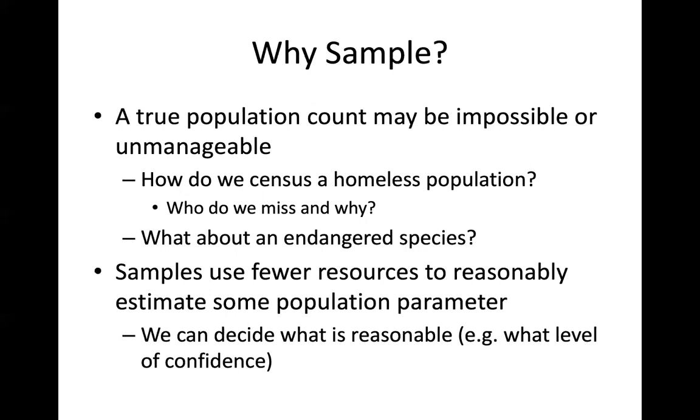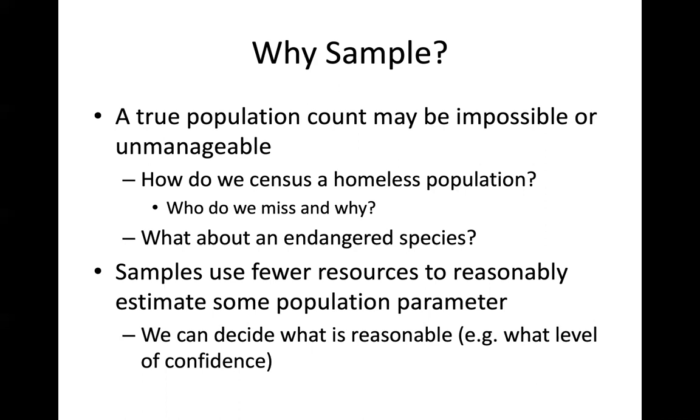And I think about people who do endangered species sampling. We're talking about very, very rare plants or animals or whatever it is. If we tried to count every one of those things, it would take us forever. So we take a sample so that we can get a good guess about what could be out there, potentially or hypothetically, because otherwise we'd just waste resources trying to find every individual one.